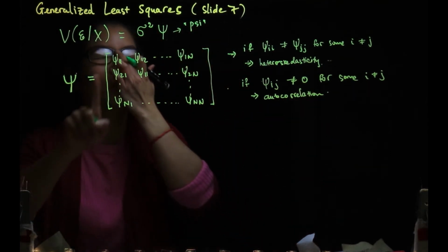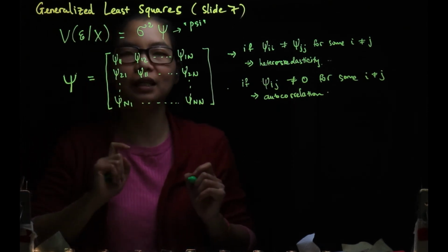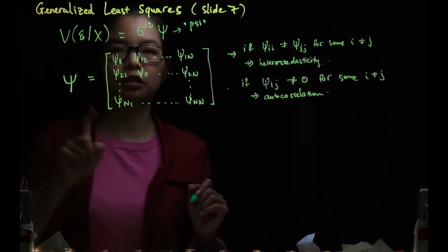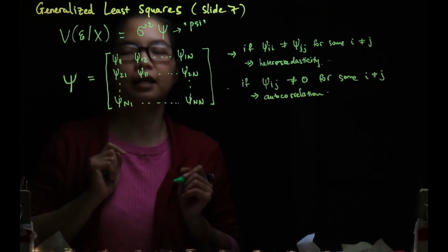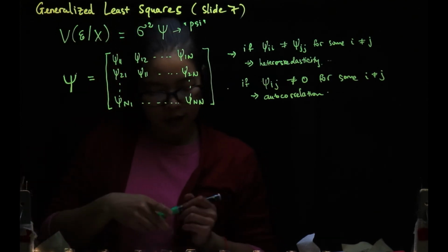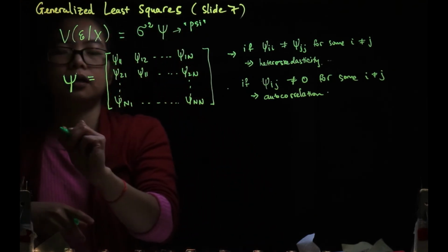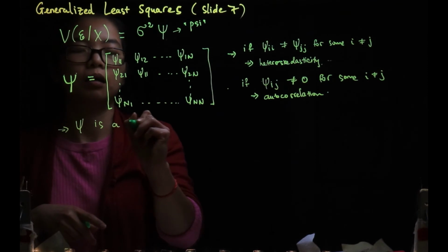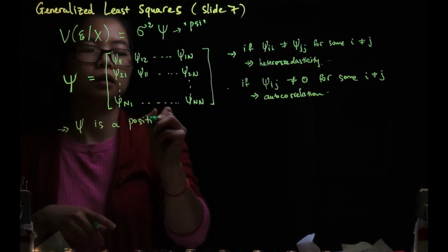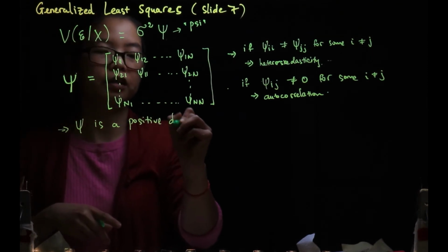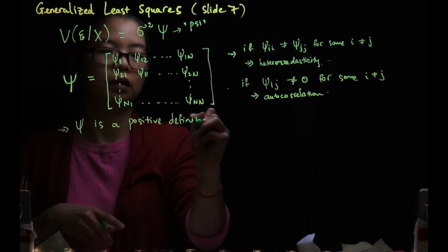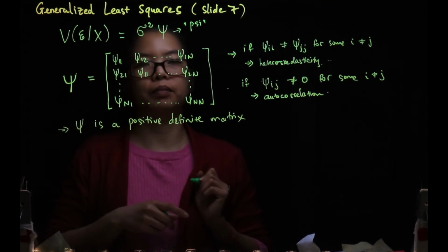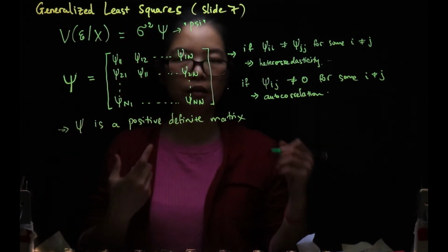That's the first thing. So writing it this way could mean that either you have autocorrelation or heteroscedasticity. The next thing is that psi is a positive definite matrix. What does it mean?